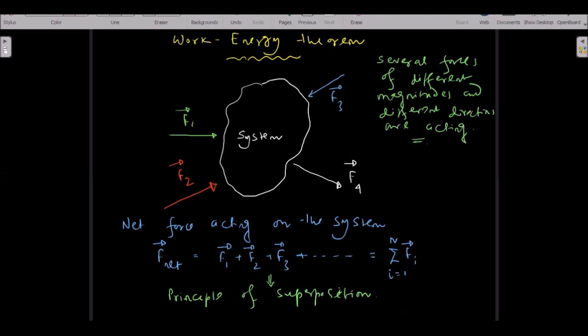So what does the principle of superposition mean? It means that suppose F1 is acting, over that F2 is there, over that F3 is there, over that F4 is there. Like that, you are putting one force over the other. In that way, you are getting the net force, right? That's what we call the principle of superposition.